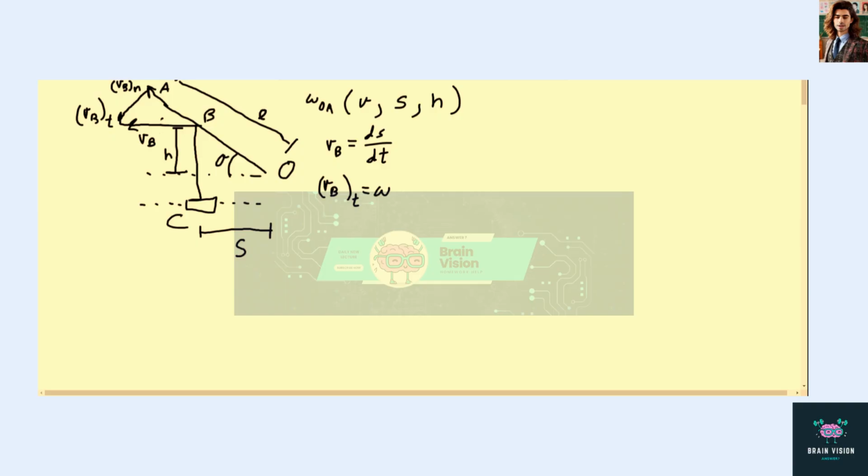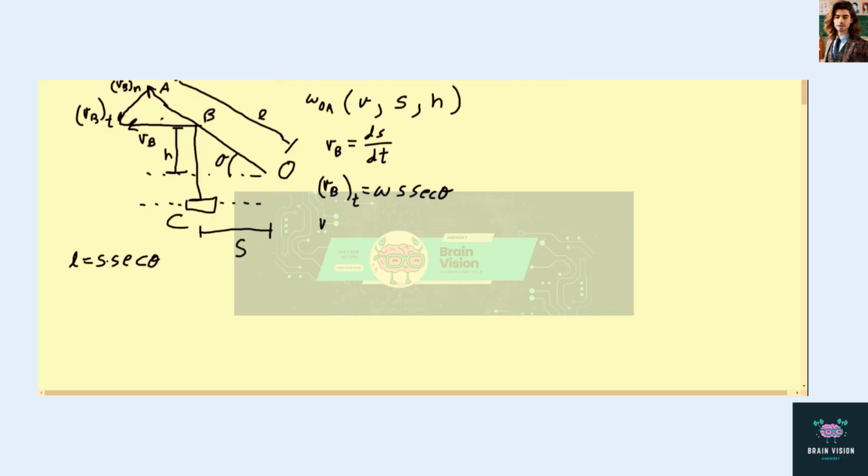Then we can rewrite that using some geometry, that L is S times the secant of our angle theta. So VBT is just omega times L, or omega times S times the secant of theta. So that's pretty nice so far.